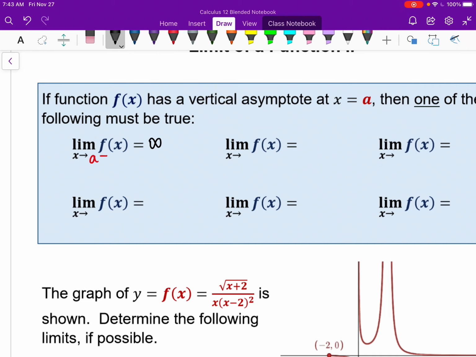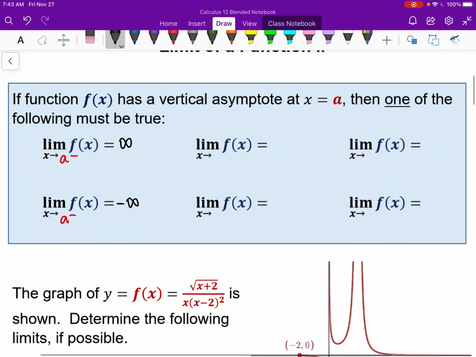Or if we approach a from the left, the limit should be negative infinity, which means as we approach from the left, if the graph goes up forever or down forever, we have a vertical asymptote. Again, this is nothing really new, it's just defining it using limits. So another possibility is if we approach a from the right. And again, if the limit equals infinity or negative infinity, we know there's a vertical asymptote there.